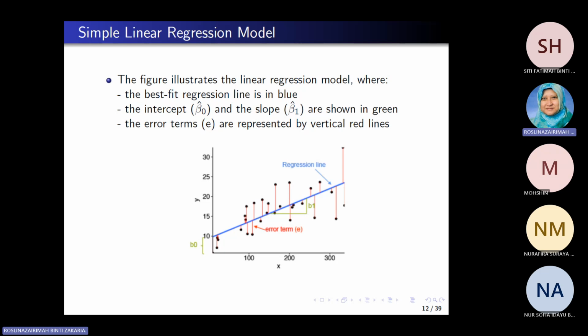When we have data, we take the simple linear regression model and fit it to our data, so the line gives the predicted values. The difference between the observed and the predicted value is known as the residual or error term.